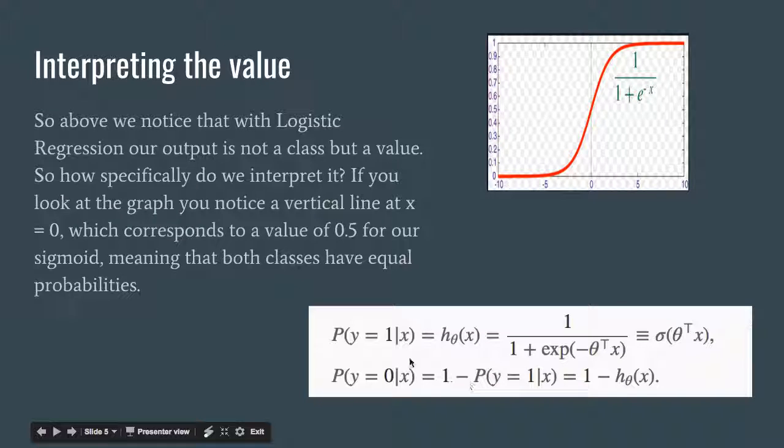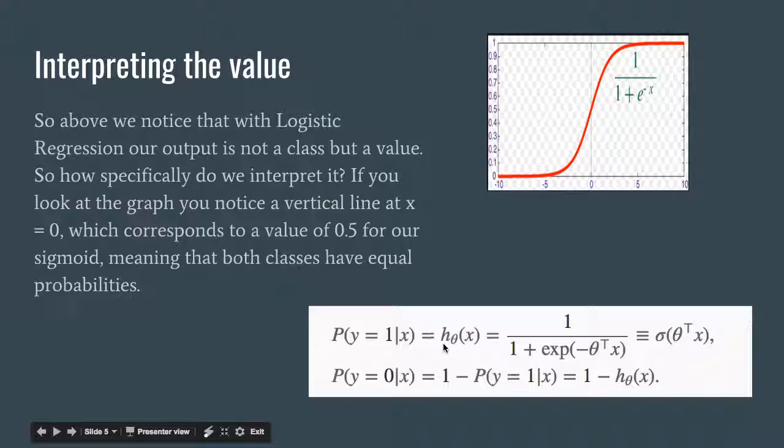That gives us the probability that our label is equal to 1. As was said, we're doing a 0-1 classification where 0 and 1 could be anything you want. Similarly, the probability of 0 is 1 minus the probability of 1. It's either, say, spam or not spam, for example.